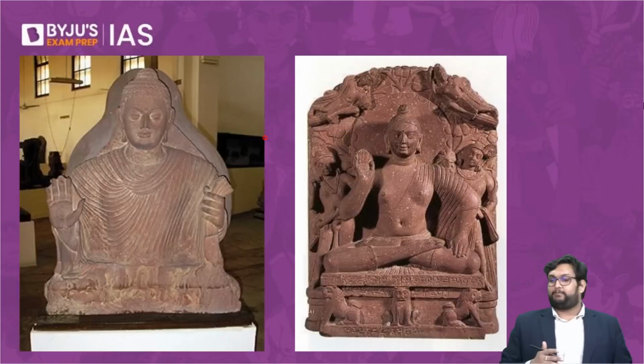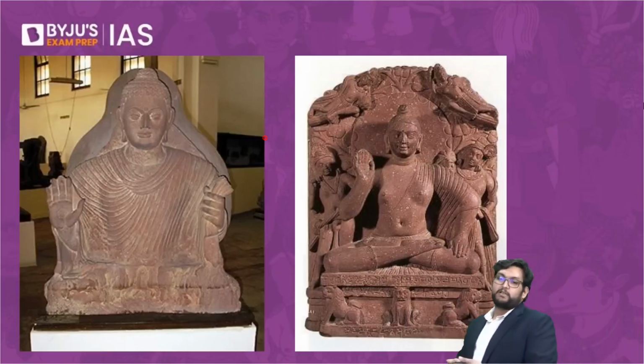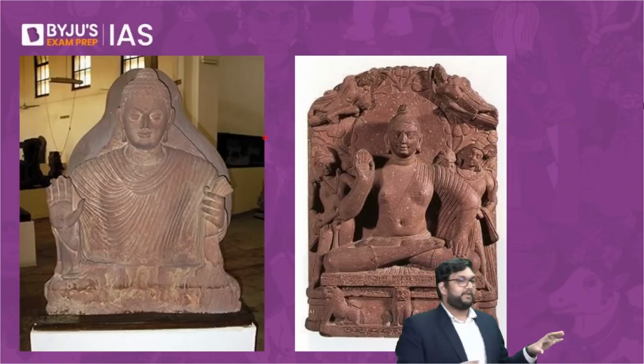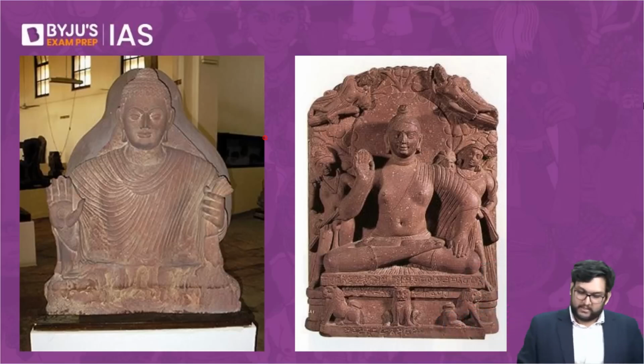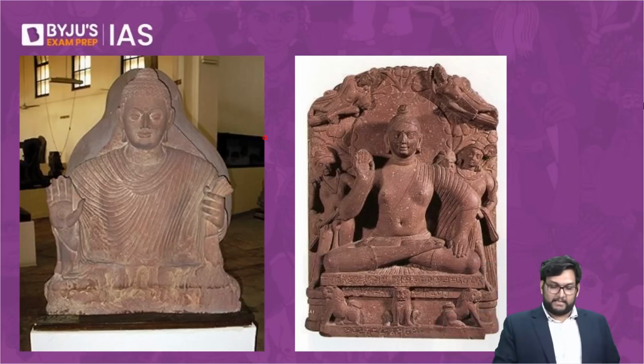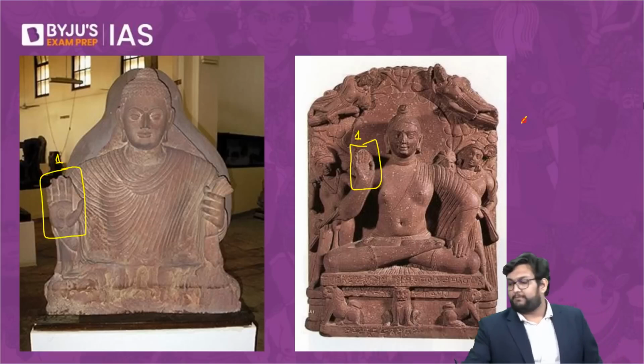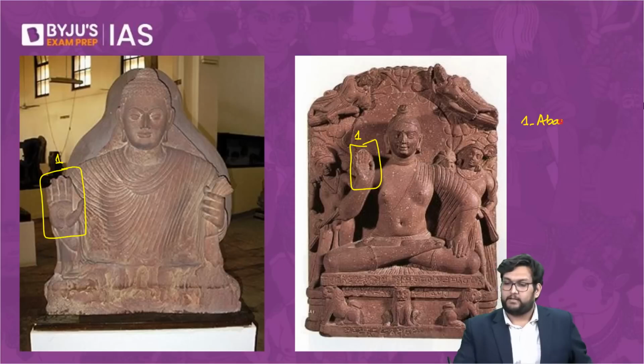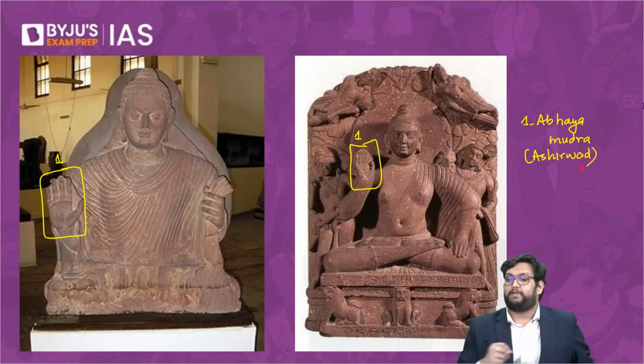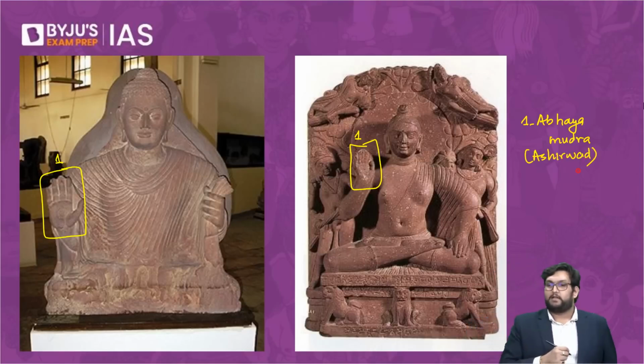Now, this is an example of two images which represent certain first phase and second phase influences. Now, whatever I'm marking in yellow is basically first phase, wherein this is first phase, which is called the Abhay Mudra, or what we call the Ashirvad Mudra, very standard thing which you will find here.